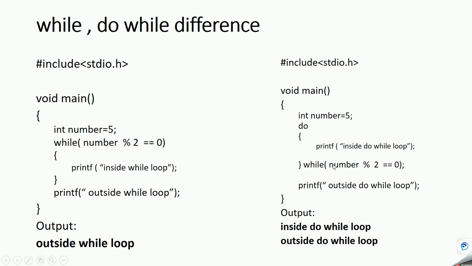So it will not go inside this again, and it will come out and then print this. So in this case, inside do while loop and outside the loop, this line of code and this line of code also get executed. So it will get executed at least once. This is the basic difference between while loop and do while loop. Based on your use case, you can try using while loop or do while loop.